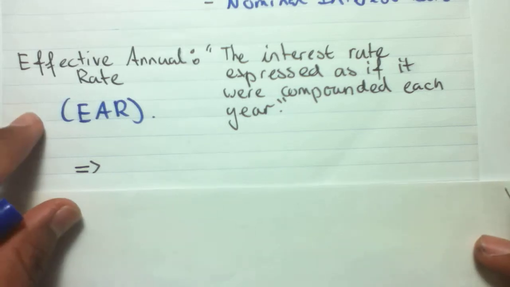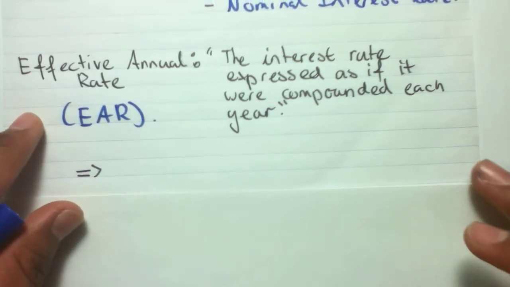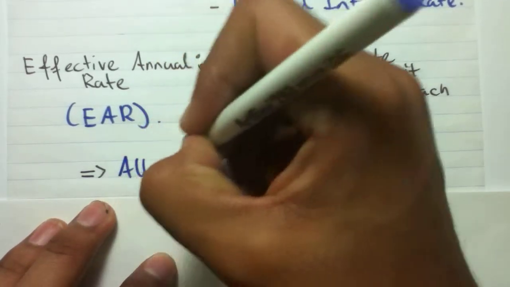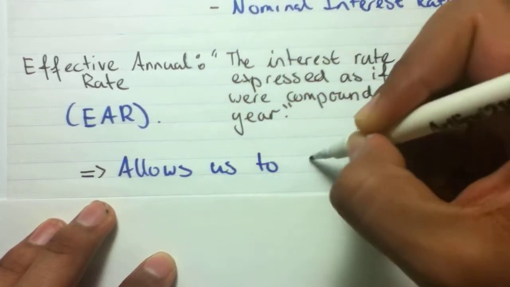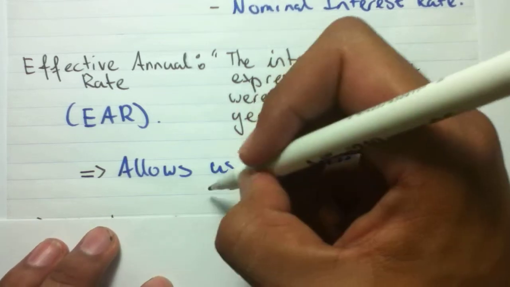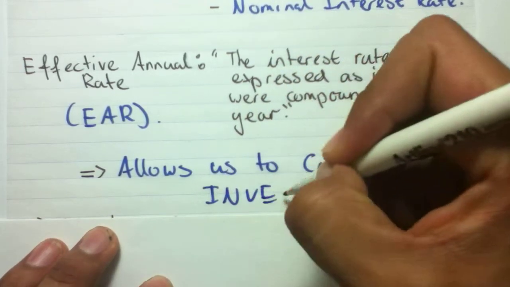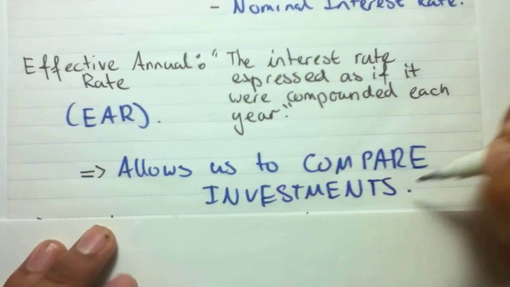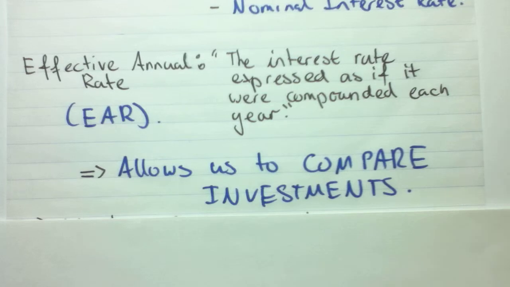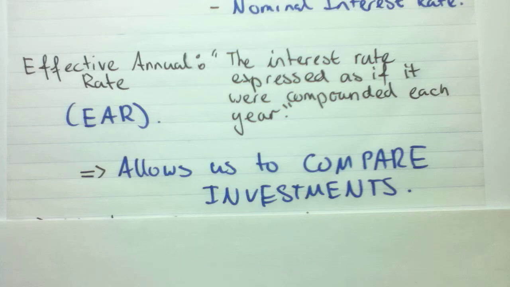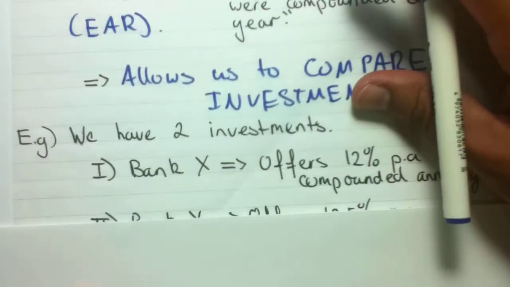But the reason why we give such focus to this particular interest rate is because it allows us to compare investments. And that's very important. If I say here are 3 opportunities in where you can make an investment in each one, which one would you take? Given that there are different compounding periods, well, you'd relate to the EAR.